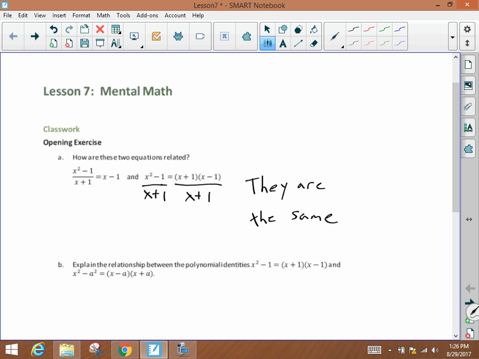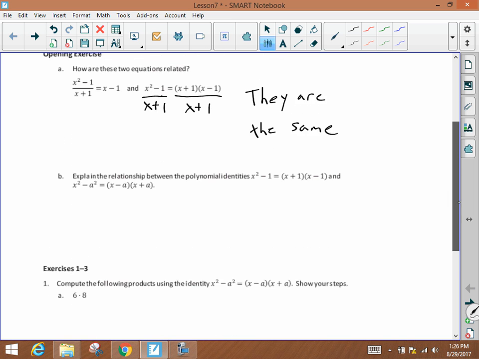What about the relationship between these polynomial identities? That x squared minus 1 equals x plus 1 times x minus 1. This is difference of squares, and this other one is also a difference of squares.